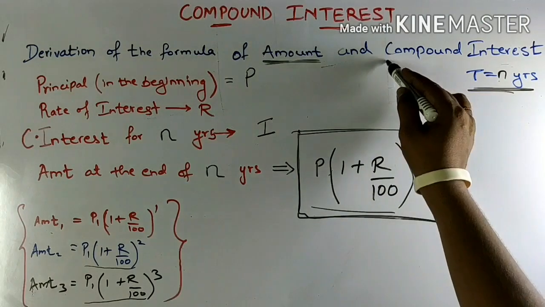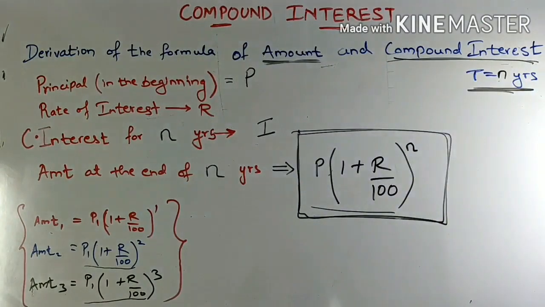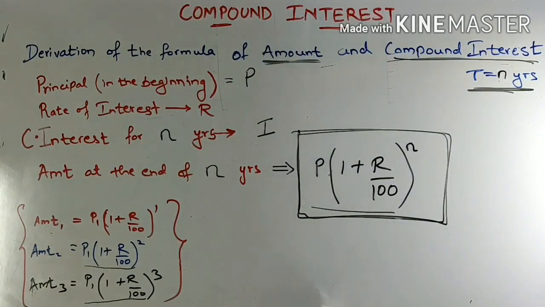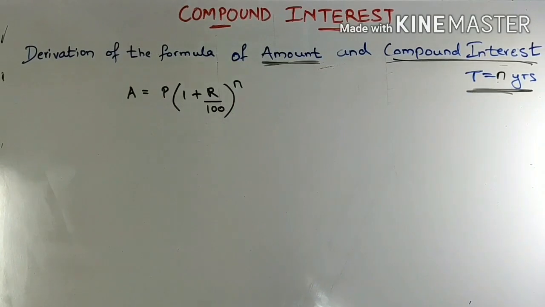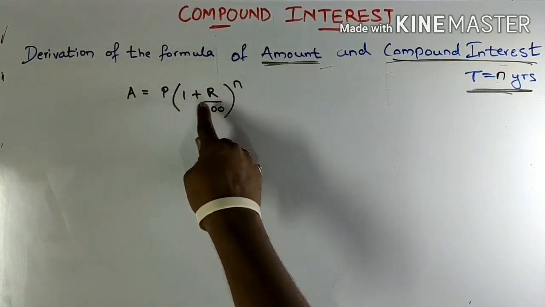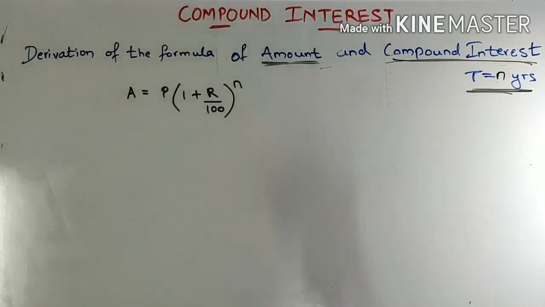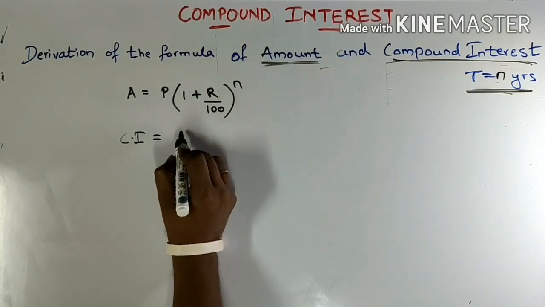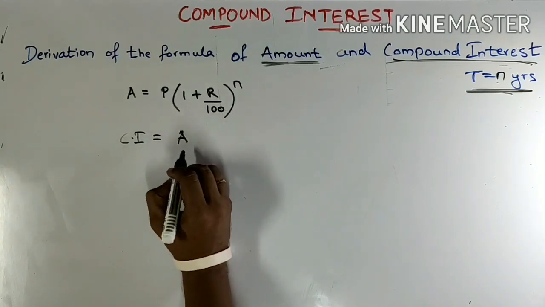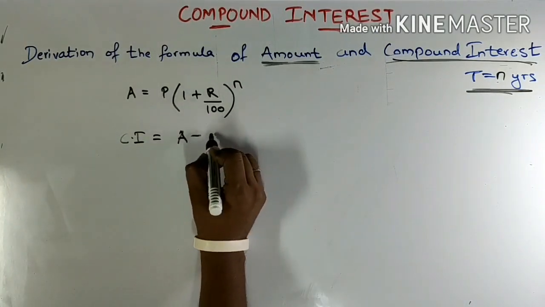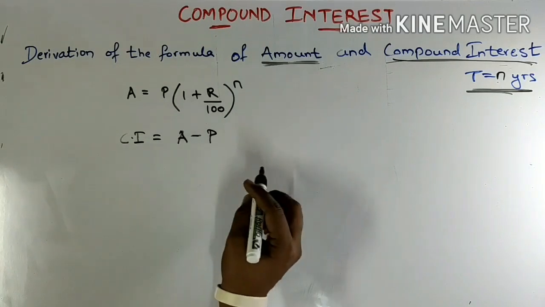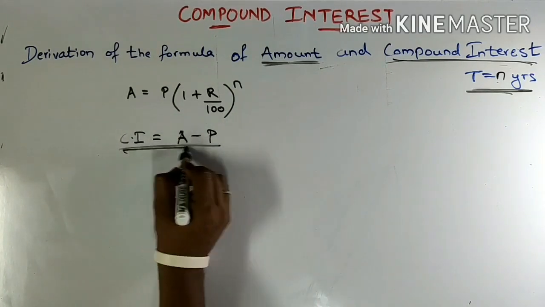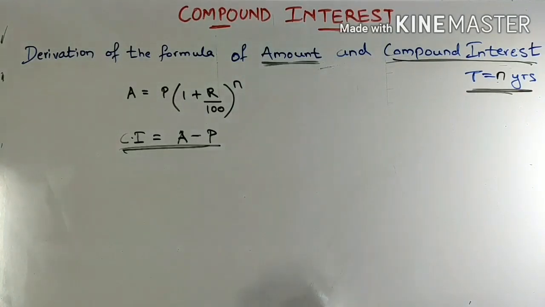Now how to find compound interest for these n years, n number of years? So amount is given by P into 1 plus R by 100, the whole raised to n. My interest or compound interest is given by total amount at the end of the tenure minus principal in the beginning of the tenure. This is the formula to find compound interest.